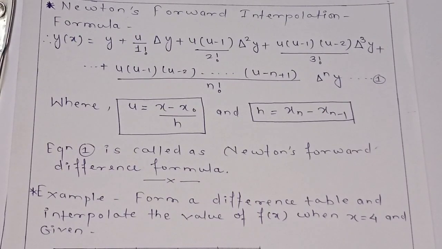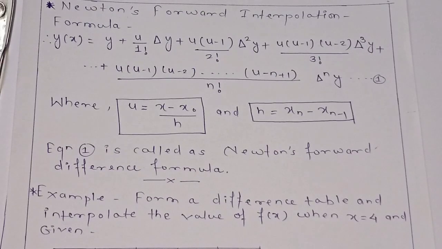Here, y of x gives the formula for Newton forward interpolation. y of x is equal to y0 plus u upon 1 factorial delta y0 plus u into u minus 1 divided by 2 factorial delta squared y0 plus u into u minus 1 into u minus 2 divided by 3 factorial third difference, and it continues.